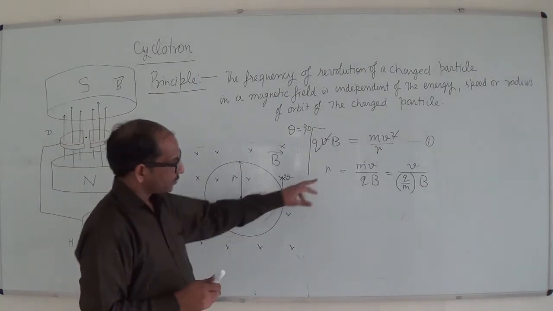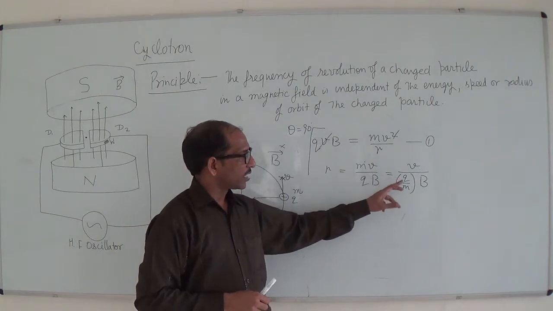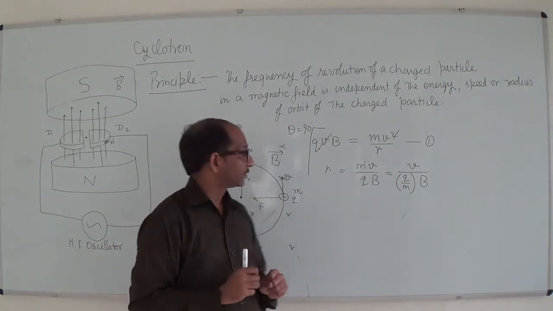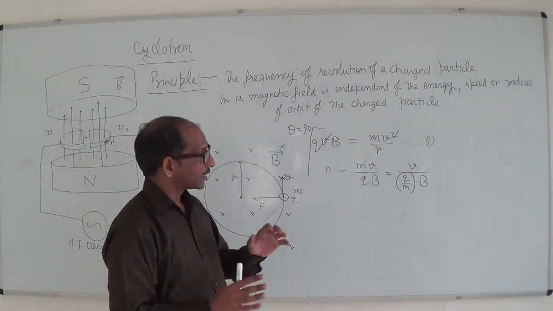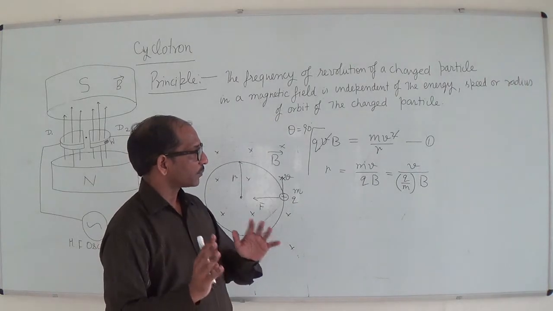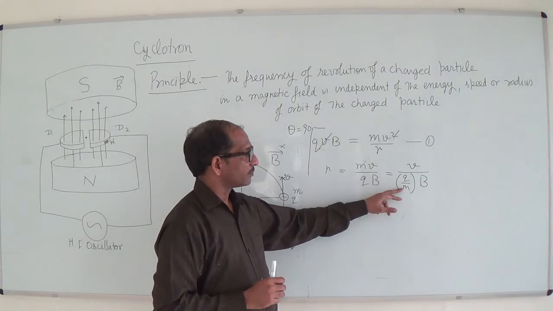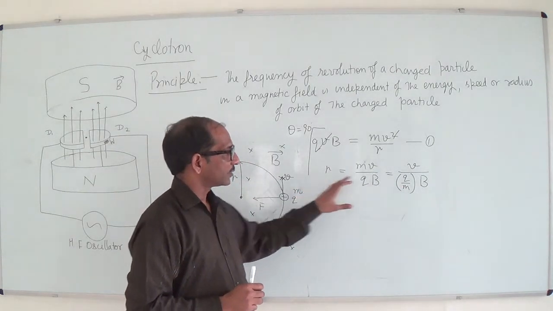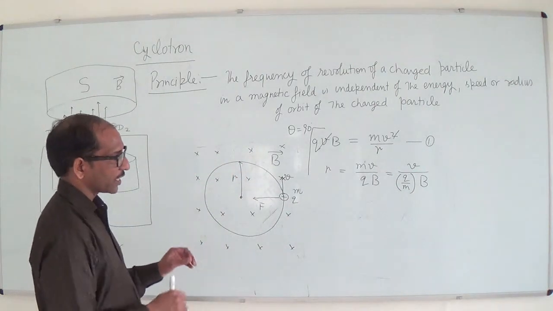If you analyze this formula, q upon m is the specific charge for that particular ion, which will be constant, and it varies from particle to particle. The magnetic field which you have applied here is constant.